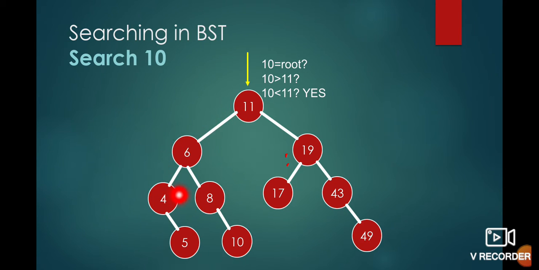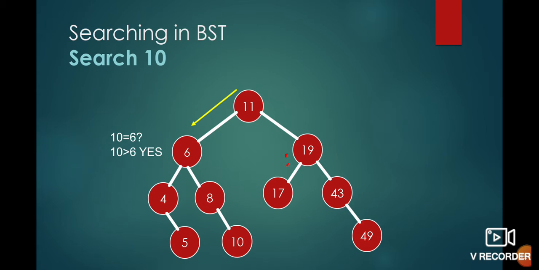Now I have to check the left subtree's root node. The root node of the left subtree is 6, so I check if 10 is equal to 6. It is not equal, so I shift to the next condition: is 10 greater than 6?